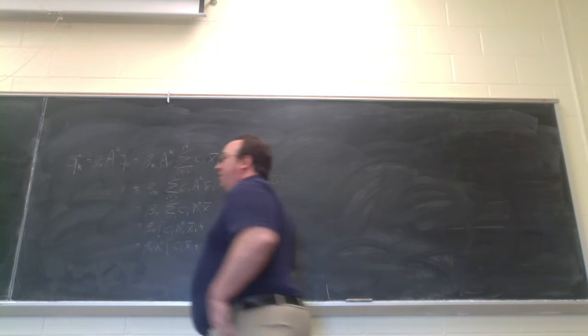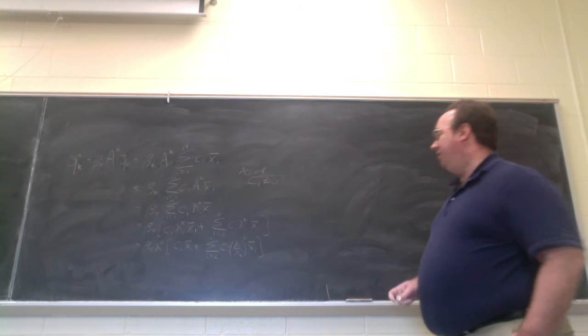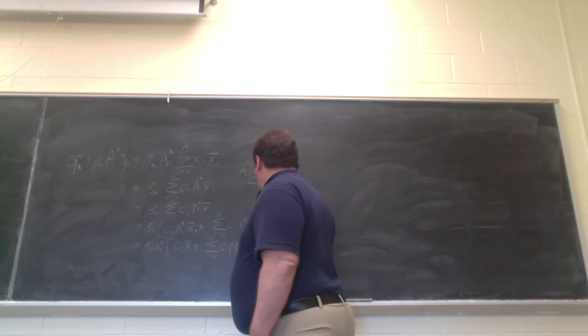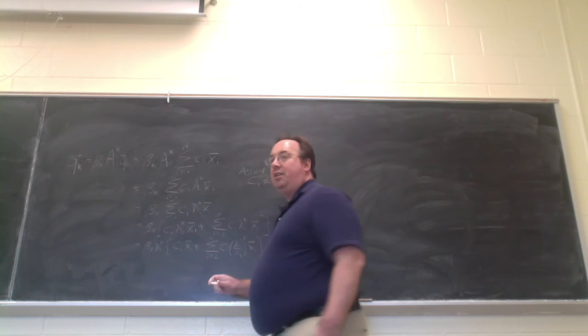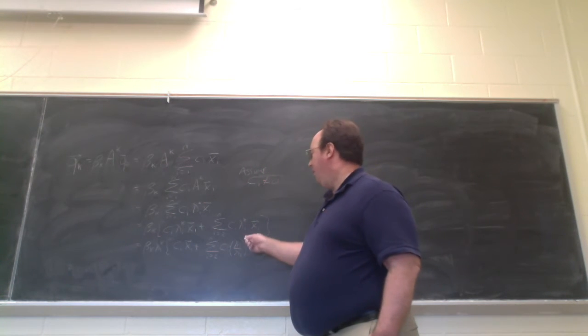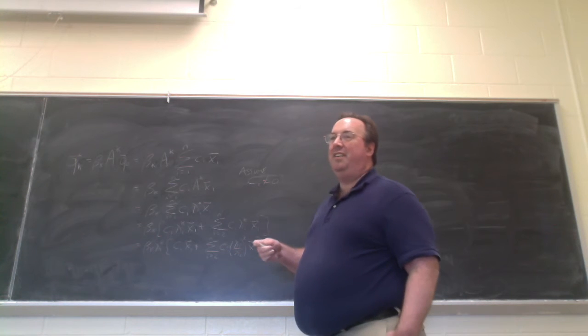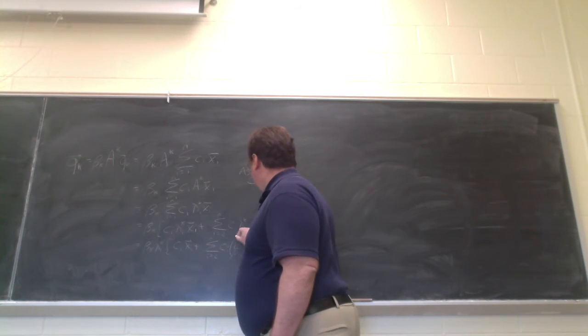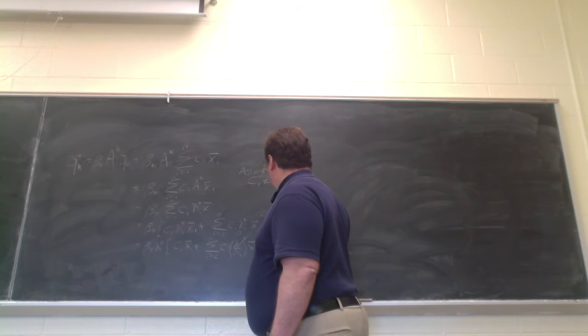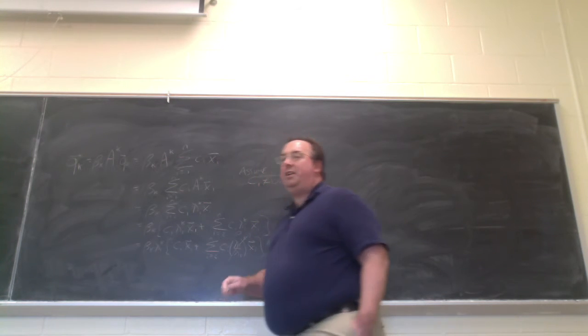Getting small. What is? Well, lambda i over lambda 1 to the k, right? Because lambda 1 is the largest and strictly greater in magnitude than all of the others. And k's are all positive. We're letting k go to infinity. So this is going to 0 as k goes to infinity.